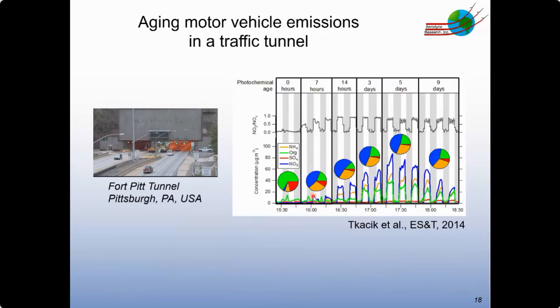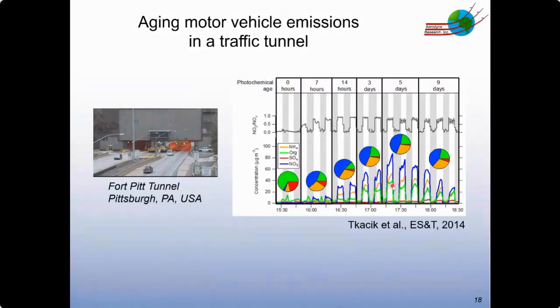But then as we age the motor vehicle emissions, you start to see, during these white periods, which represent when we're sampling through the OFR, significant concentrations of nitrate and ammonium aerosol, as well as organics. So not only are we forming significant amounts of SOA, up to 40 micrograms per cubic meter or so at multiple days of equivalent OH exposure in the OFR, we're also forming significant inorganic ammonium nitrate as well.